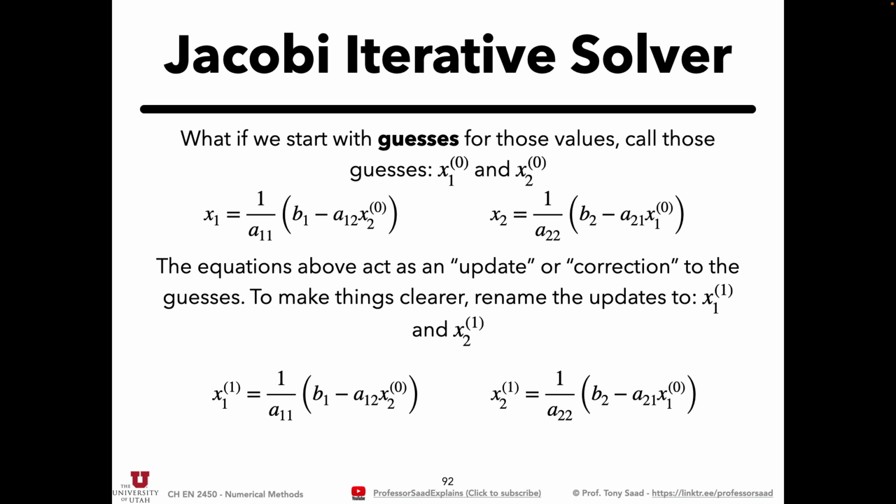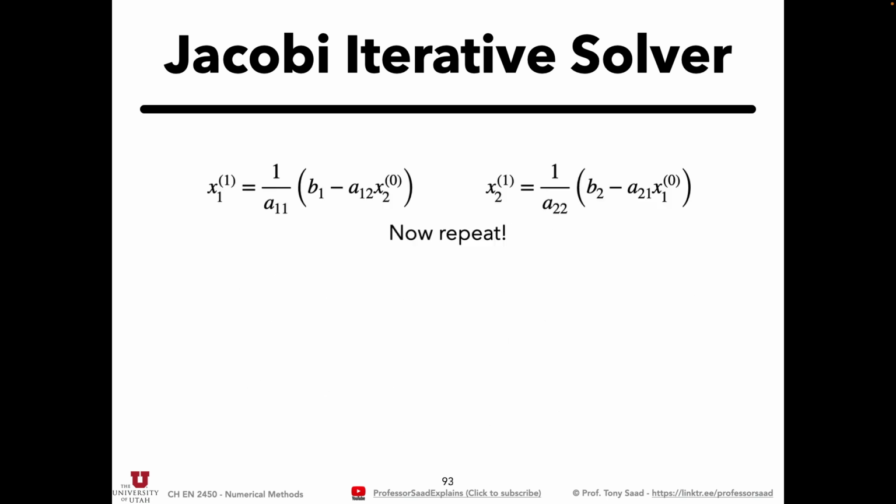I'm going to start here, put it on the right-hand side. I'm going to improve the value. Then I'm going to take this x1 1 and x2 1, use those as my improved guesses. Put them again in the equation and repeat.